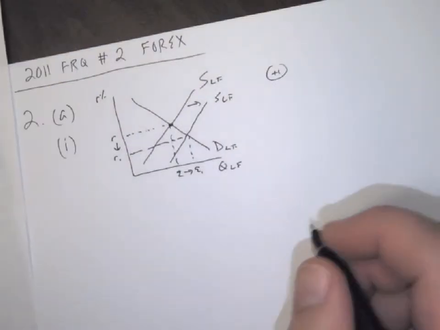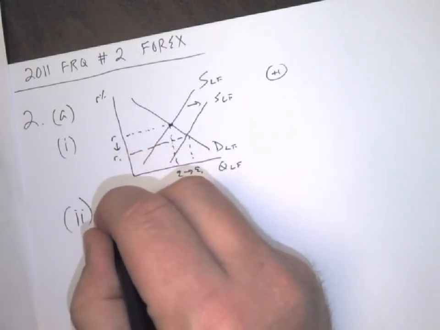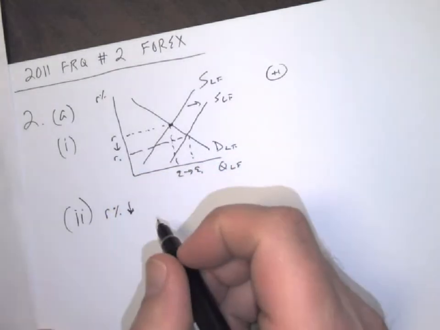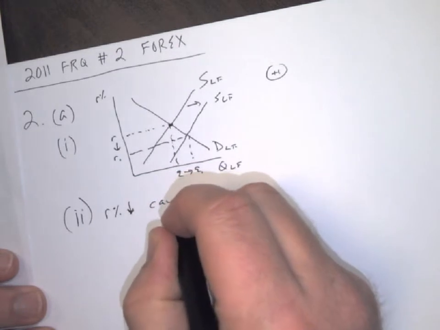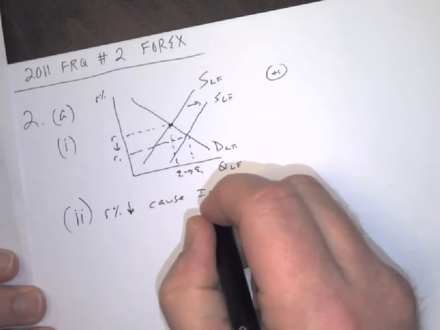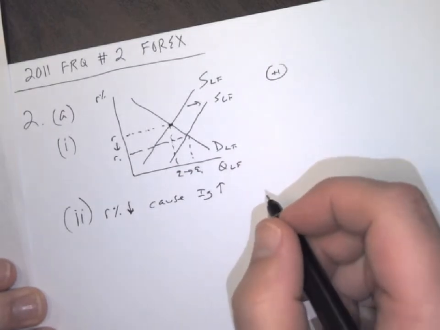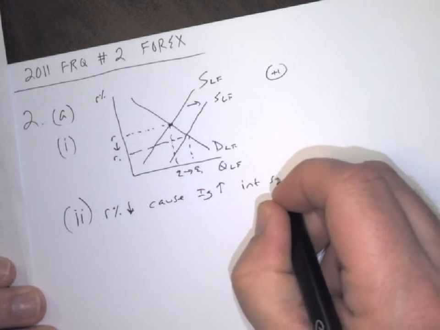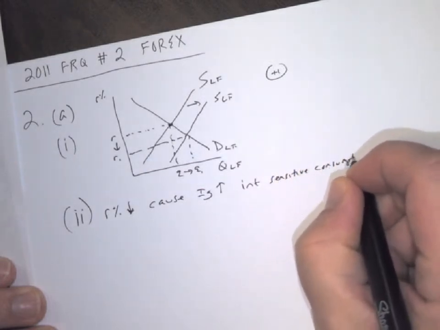So employment is going to increase. My answer is going to say that in part A, we had a real interest rate decrease. Now, our real interest rate decrease is going to cause gross private investment to increase, or interest sensitive consumption.